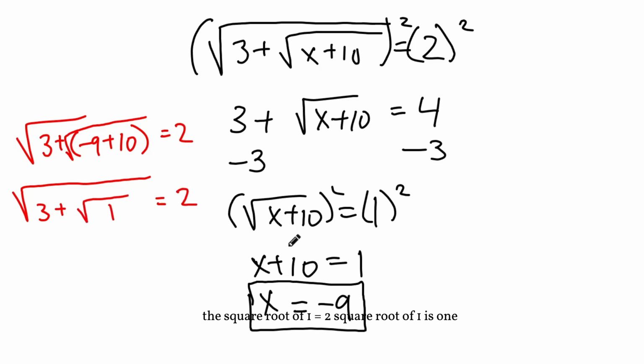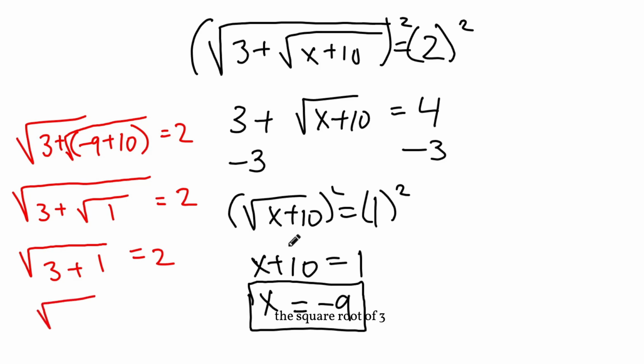The square root of 1 is 1. And you might say the square root of 1 is plus or minus 1, but we're going for the positives when you're doing this, not the negatives. So we'll get 3 plus 1 equals 2. The square root of 3 plus 1 is the square root of 4, and the square root of 4 is 2, because 2 squared is 4.